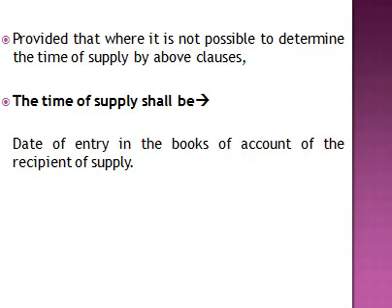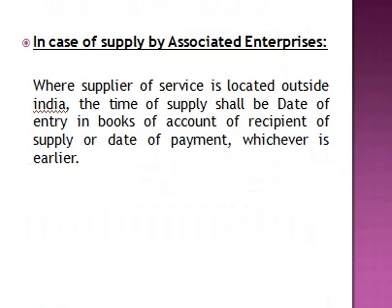Next, when we talk about associate enterprises, in the case of services received from an associate enterprise located outside India, the time of supply will be the date of payment for the services or the date of entry of services in the books of accounts of the recipient, whichever is earlier.